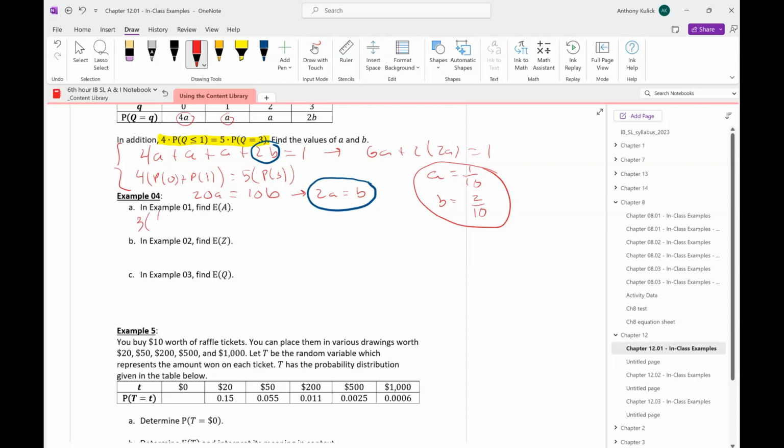So what did we say? 3 times 1/12 plus 5 times 3/12 plus 7 times 3/12 plus 9 times 3/12 plus 11 times 2/12. And when we do that, we get 22/3, which is about 7.3, or I'll just write it that way with the approximately equal sign.